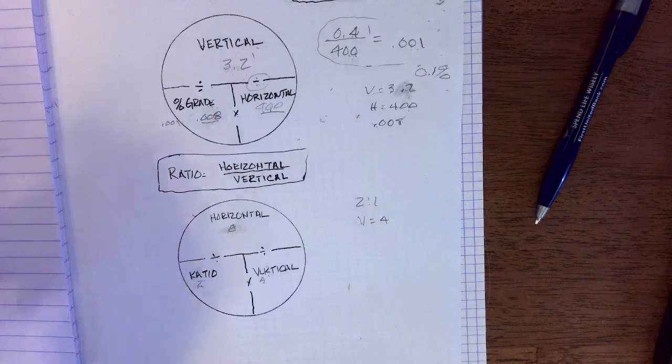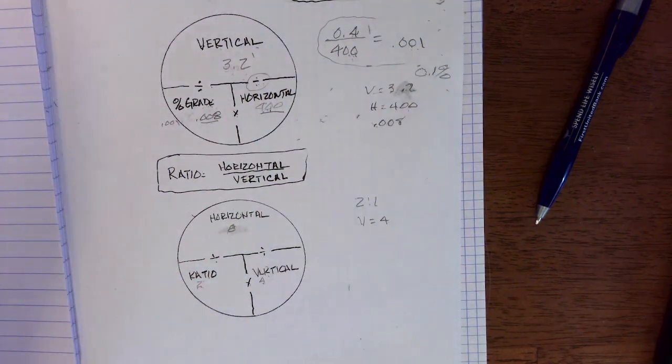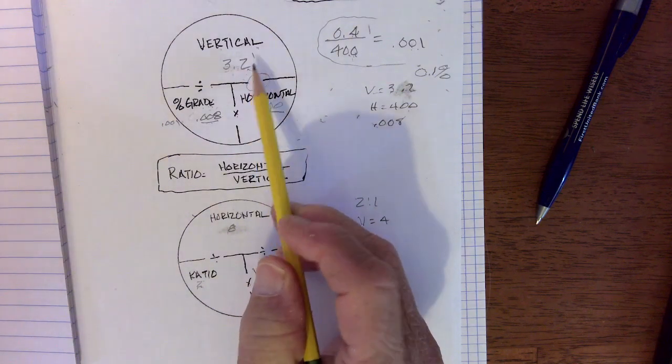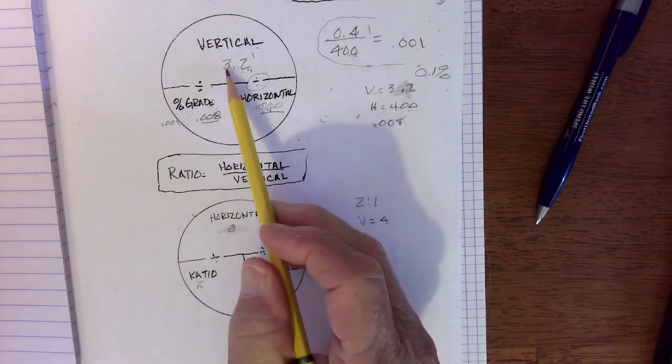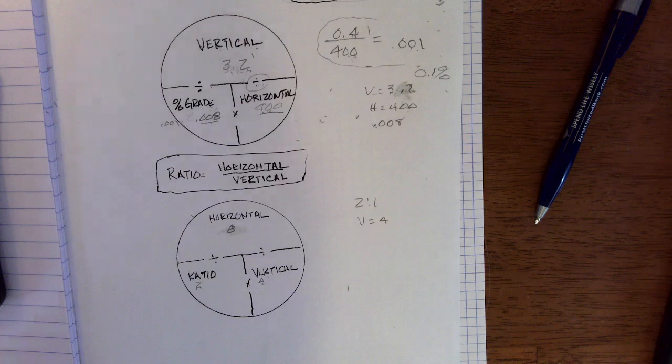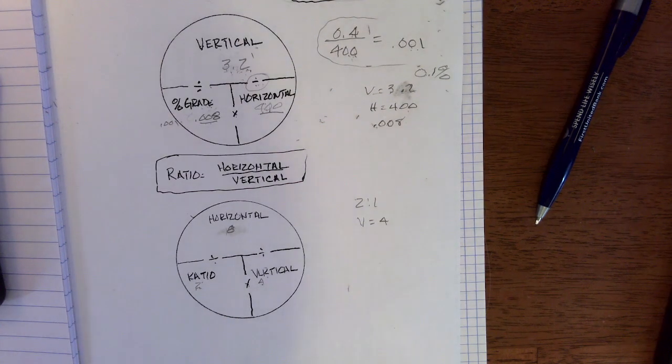And this is all feet. You'll be dealing with feet or decimals of a foot, like 3 2/10, or 3.2 is 3.2 feet. You know, we're always dealing in feet or decimals of a foot. You got that? Now, if we go down to slopes, the deal is the same.